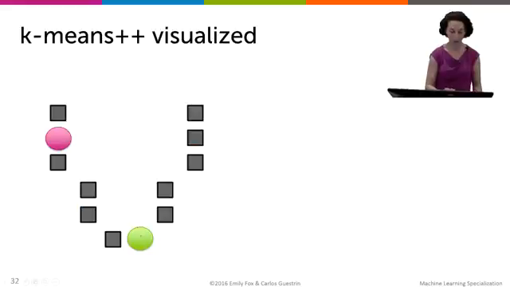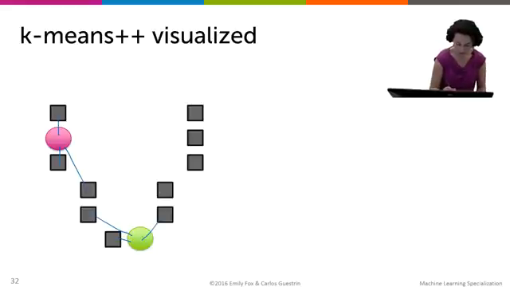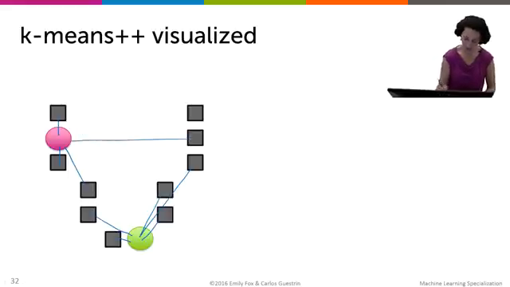So that's going to be some green cluster. Now we repeat this process where we compute distance to the nearest cluster center. So maybe these are going to be the distances that we compute. It gets a little bit hard to tell. I think this is a smaller distance than this.